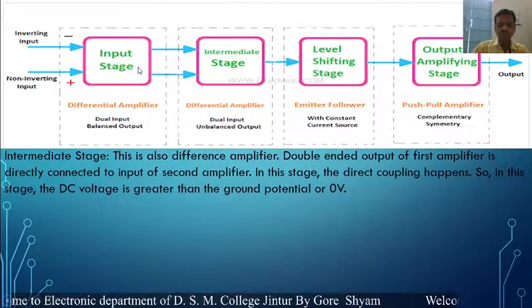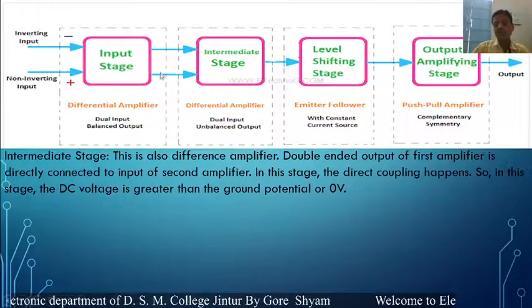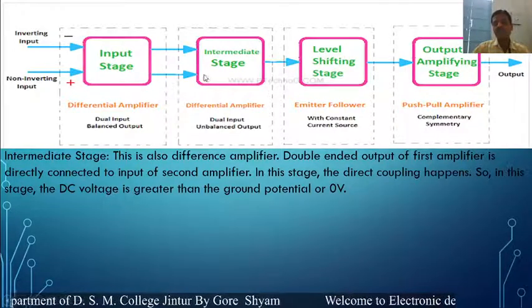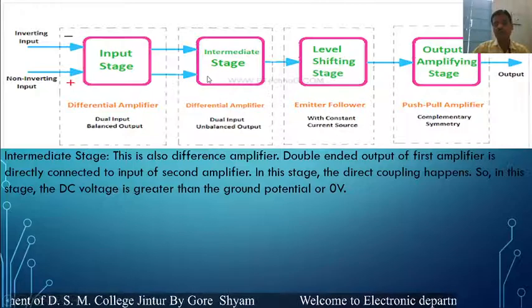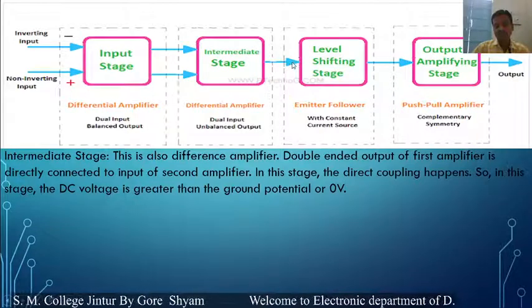So in this stage, the DC voltage level is greater than the ground potential, or that voltage greater than the zero level of the output is increased.